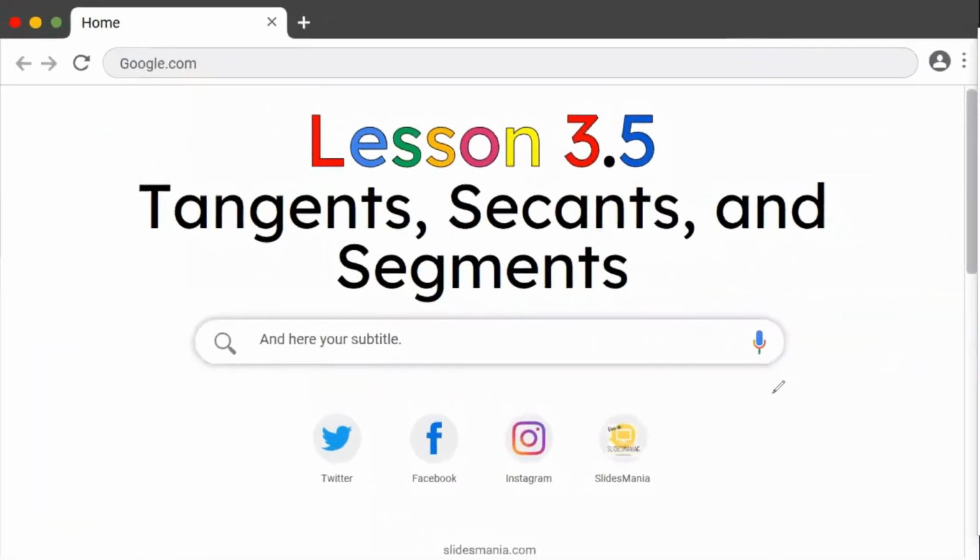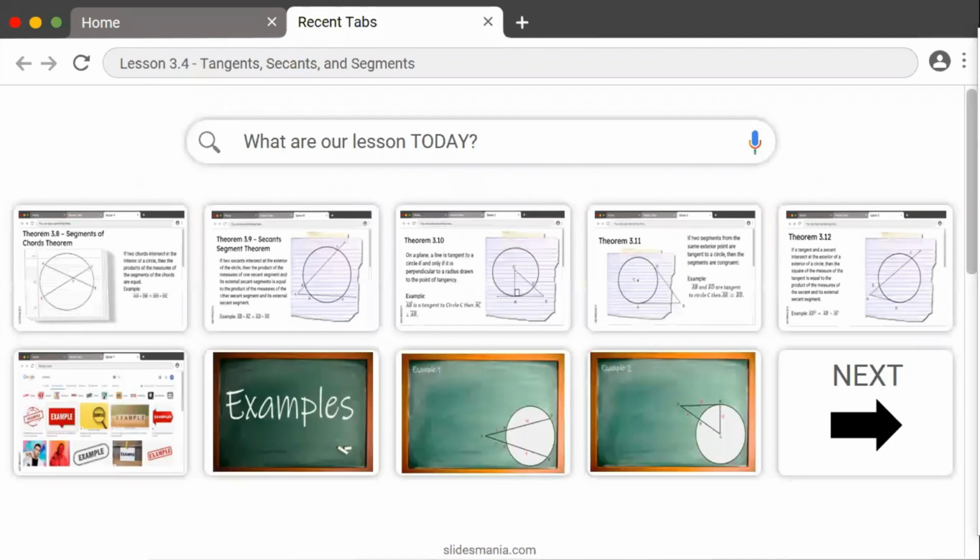The session. So again, our lesson for this morning is lesson 3.5, and that is tangent, secants, and segments. To guide our session this morning, here are the following topics that we'll be talking about.